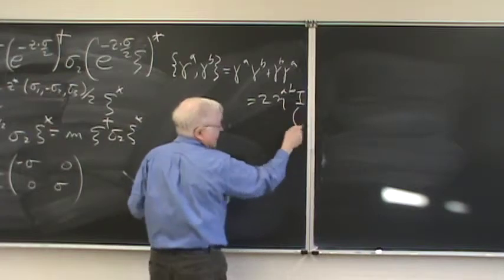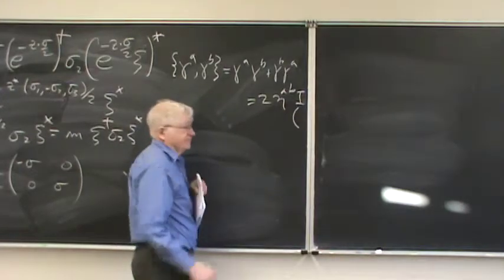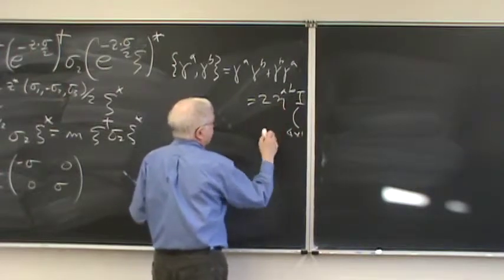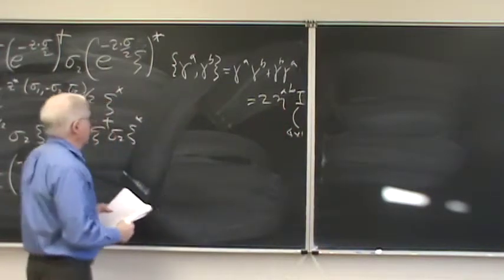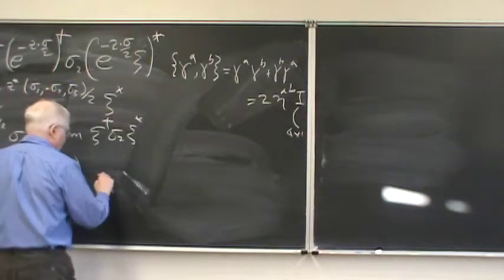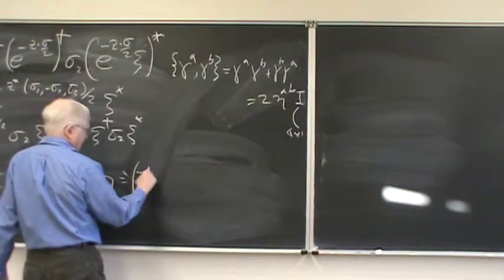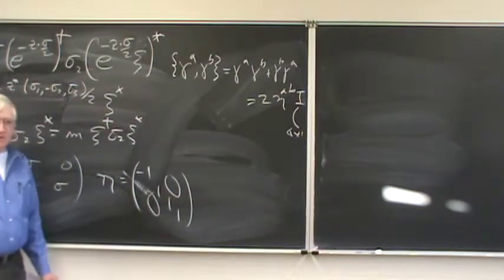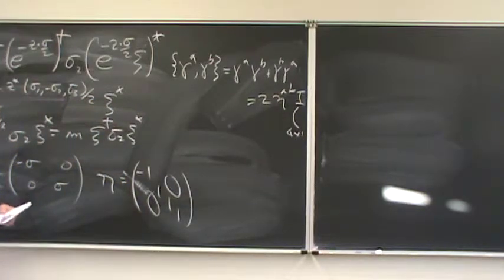Okay, this is the 4x4 identity matrix. Eta AB is just our standard flat space metric. It's minus 1, 1, 1, 1. Okay, so minus on the time components, 1 on the space components.